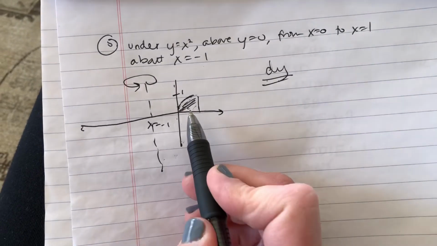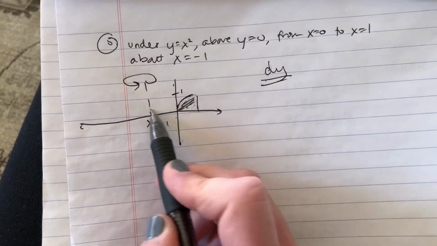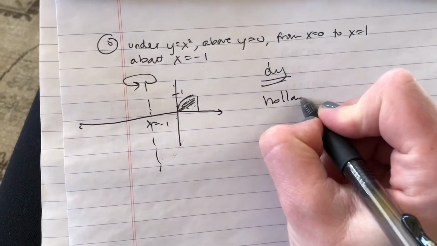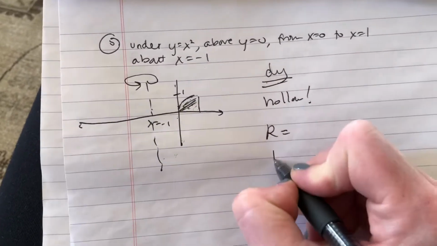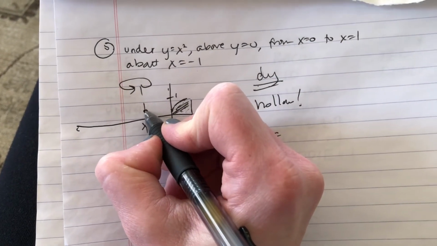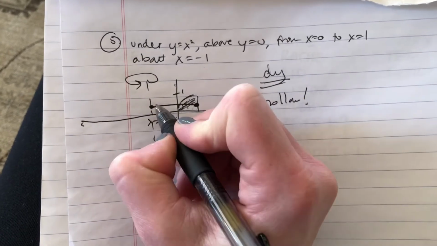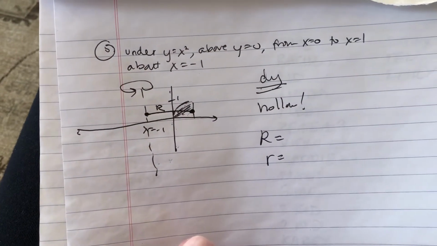All right, I can see that there's a huge gap between my region and my axis of revolution. So it's definitely going to be hollow. So I'm going to need big R and little r. Okay, big R, I'm going to go from the axis of revolution to the outer curve on the original region. So it's going to go all the way out here, and that's going to be big R. Okay.